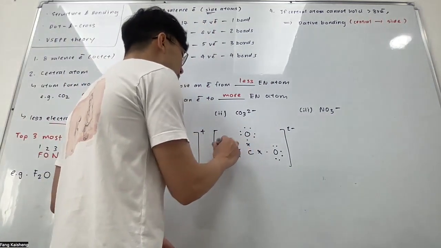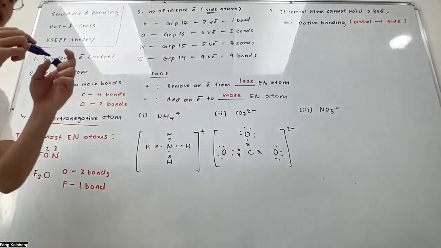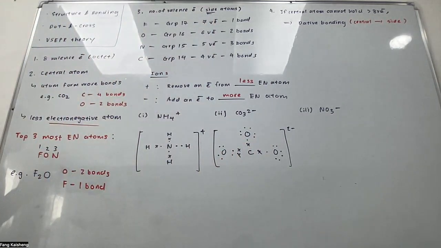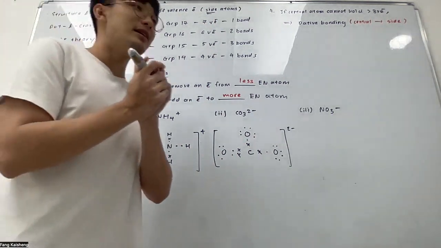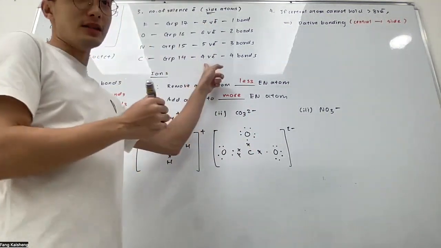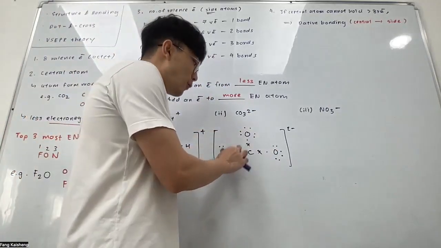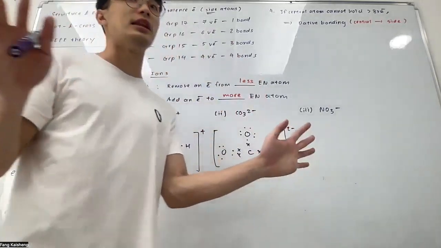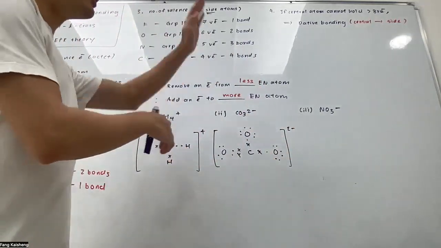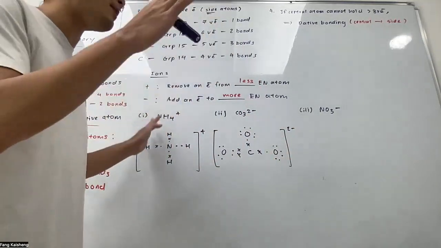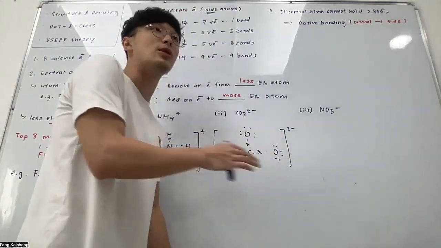So 2 bonds like this, fill up all the other valence. Is there anything else I need to fill in the center? Look carefully. Carbon has 4 valence and all 4 crosses are involved in bonding. That's it. 2, 4, 6, 8. So it doesn't exceed 8 electrons as well. That's the answer. No dative bonding involved. Nothing special involved. It's just a double bond and 2 single bonds, finished.